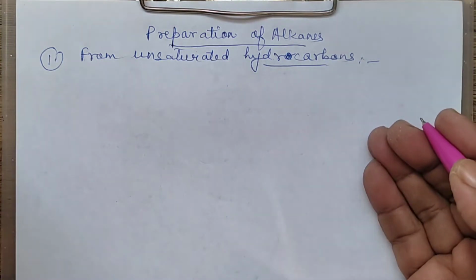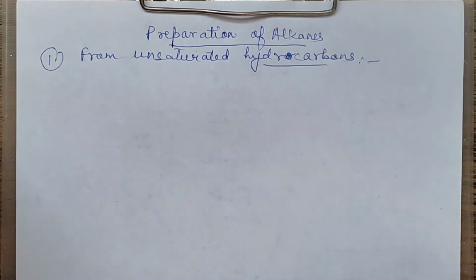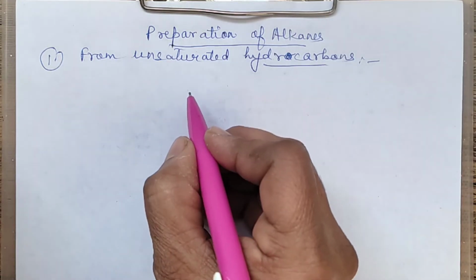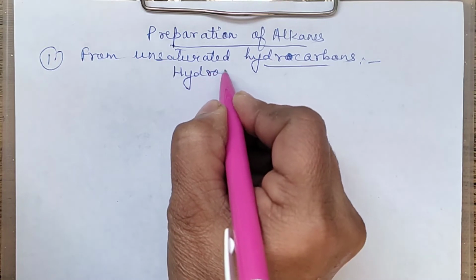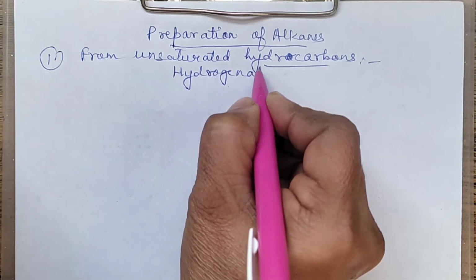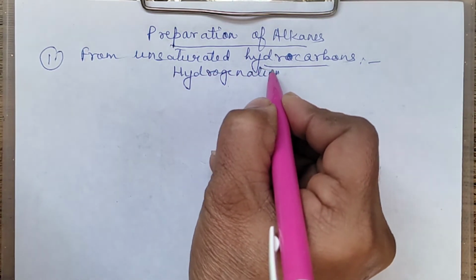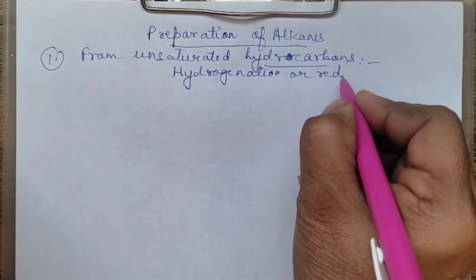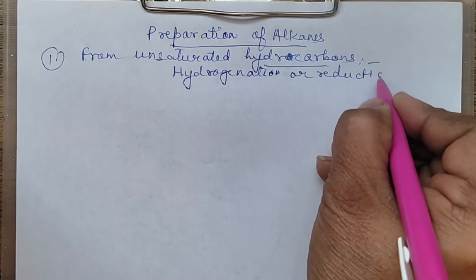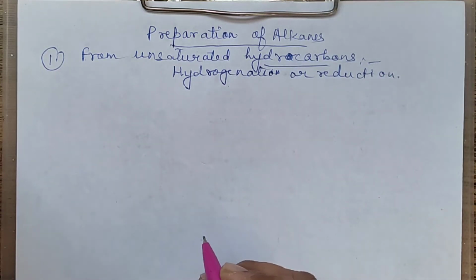You are adding H2 so as to get alkane. That means this is basically hydrogenation reaction. You are adding hydrogen to it. Okay, it is hydrogenation, or you can also call this as reduction, because addition of hydrogen is also reduction.